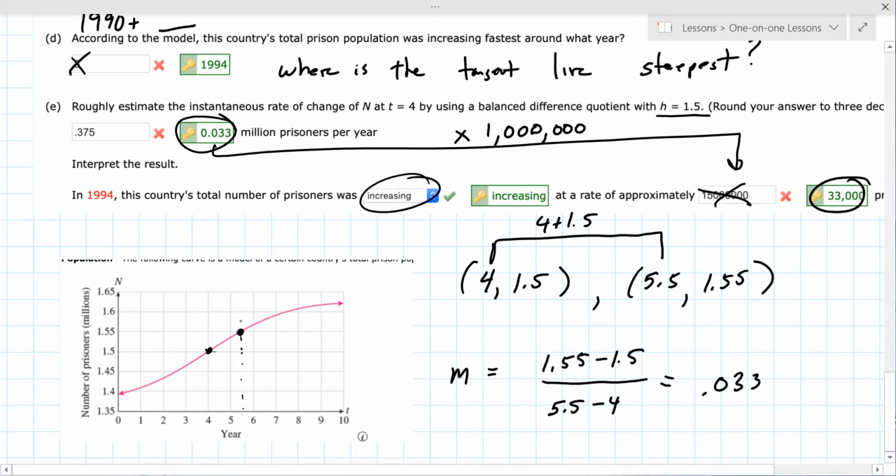And it's increasing because it's going up and to the right. The graph is. Okay, that makes sense. You can move on.